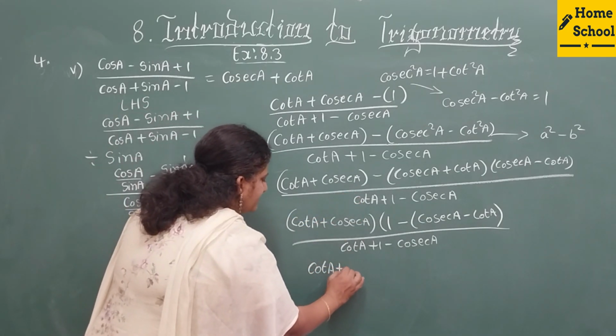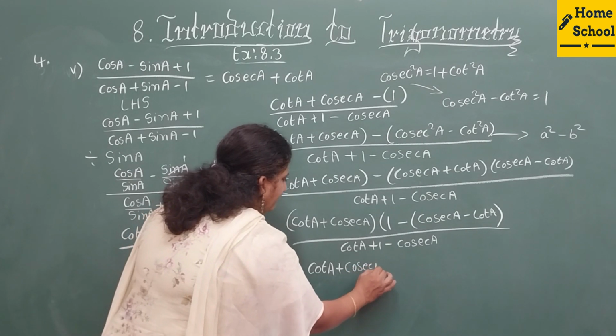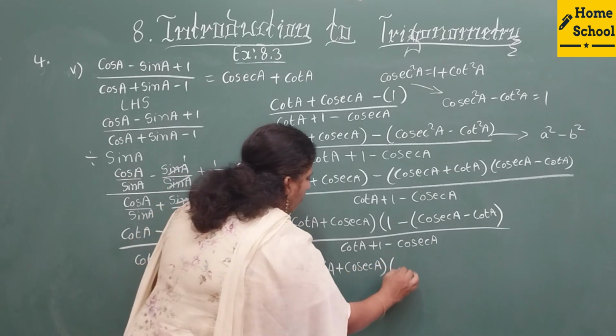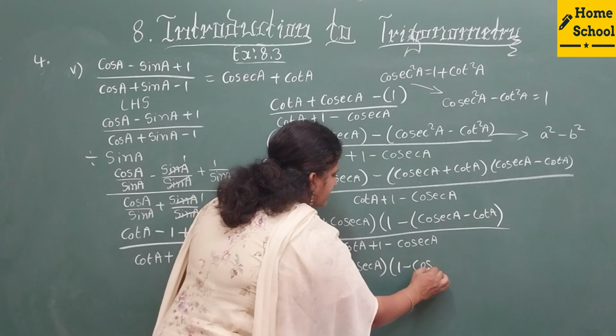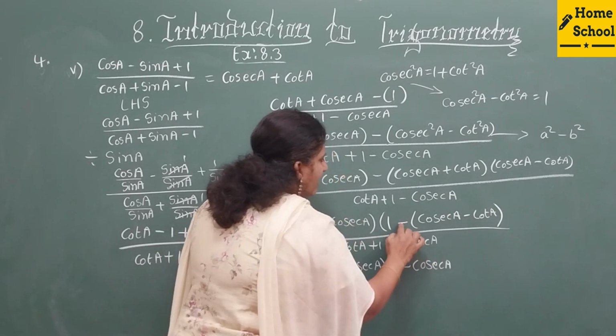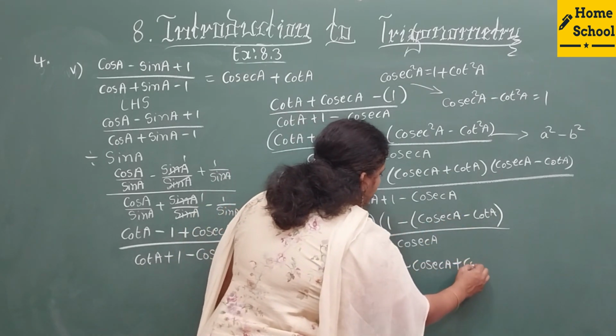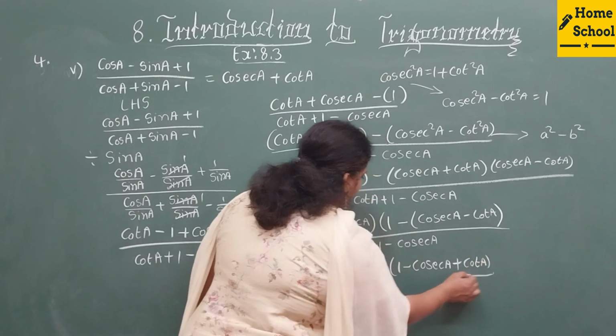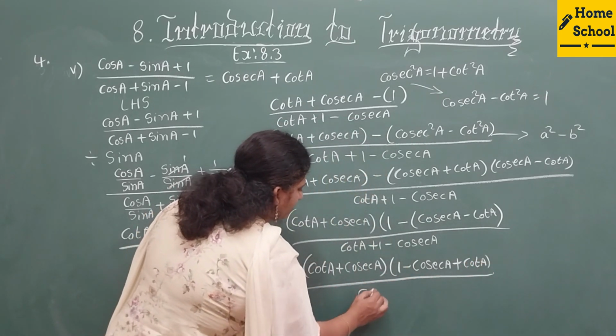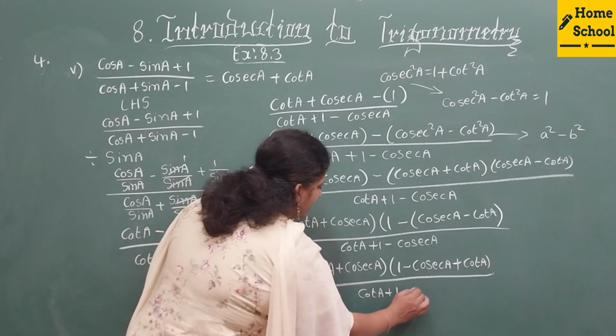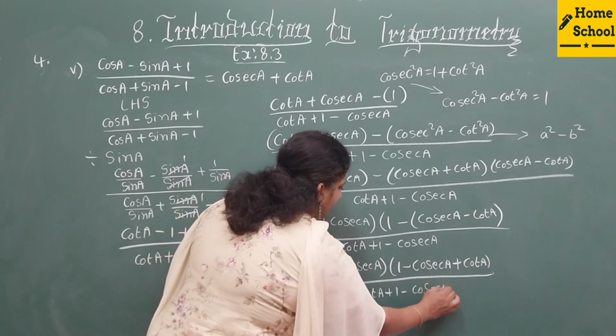Cot A plus cosecant A into 1 minus cosecant A plus cot A, divided by cot A plus 1 minus cosecant A.